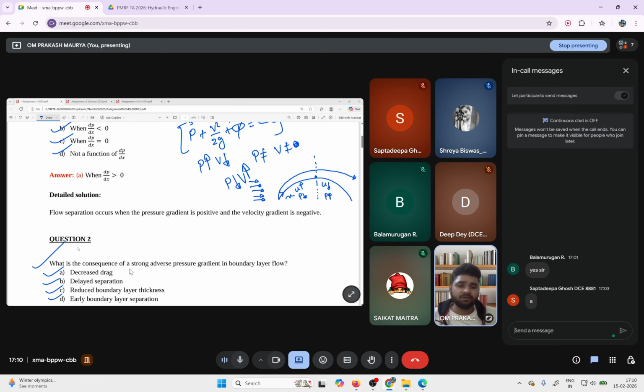The question is, when you have the adverse pressure gradient, meaning the pressure gradient greater than 0, what will happen? Whether the drag decreases, delayed separation, reduced boundary layer thickness, or early boundary layer separation.